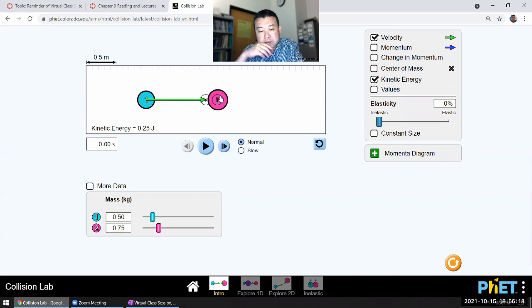In some way, the question might not make any statement about conservation of energy. The only thing that it tells you is that after the collision, the two things stick together.